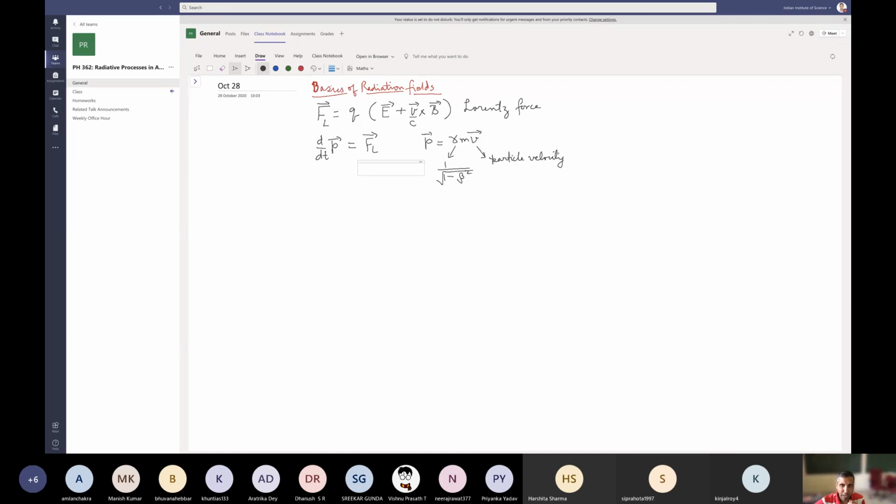I am assuming that everyone has done some relativity beforehand. Is there anyone in the class who does not know this formula that I have written? Okay, good. So everyone has seen some relativity.